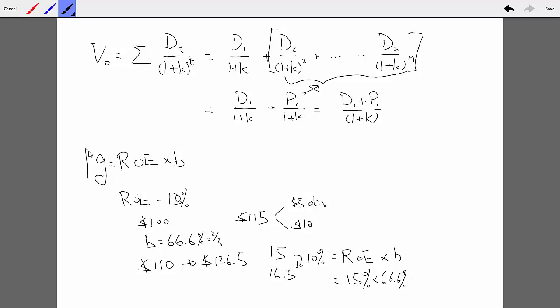That's why when you asked me earlier whether when ROE goes up, the growth rate will also go up: yes, as long as B is not 0, then it will. But if you pay all of it out and you don't have any new money to reinvest, then of course you don't grow. Okay.